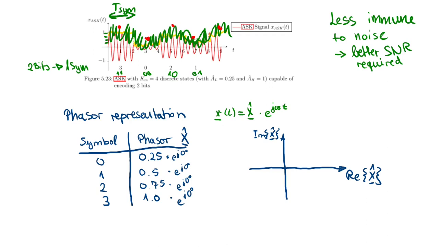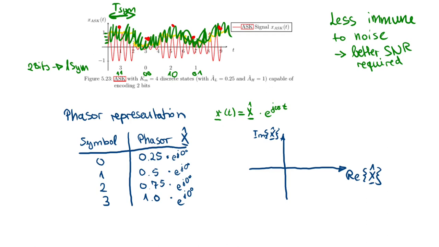So if you have tough noise conditions in your transmission channel, you need to choose a modulation with less discrete states so that the transmission is more reliable. Whereas if you have good noise conditions, then you can increase the number of discrete states and you can transmit more data in the same bandwidth.